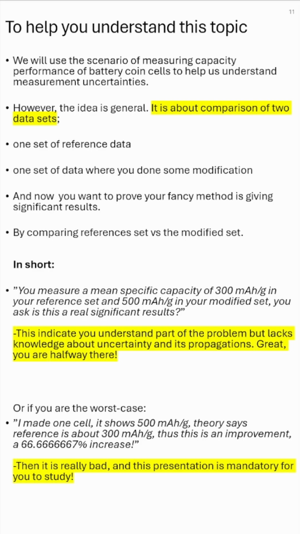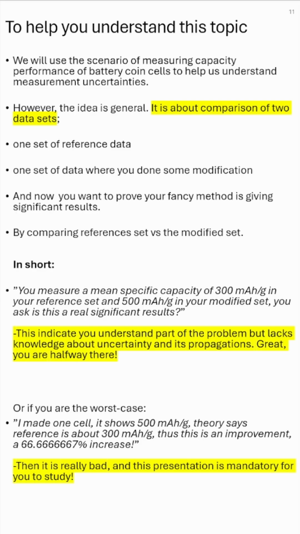I mean, it's obviously an improvement, 500 instead of 300. But if you ask whether this is a real significant result, that indicates that you understand part of the problem already, but you lack the knowledge of how to calculate uncertainty and its propagation. So that is great news. You are halfway there. You have understood the idea behind it.